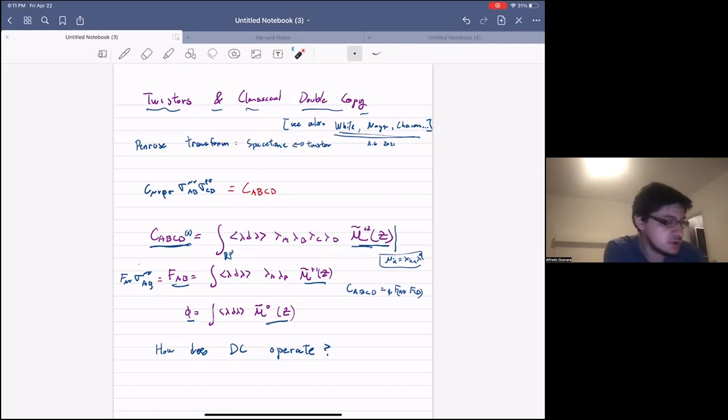So we understand, for instance, what's the Weyl curvature of certain solutions. And the spirit of the classical double copy is to relate this Weyl curvature to a field strength. Okay, and so both of these expressions, both the Weyl curvature and the field strength, have the so-called Penrose transform relation to a Twistor function.